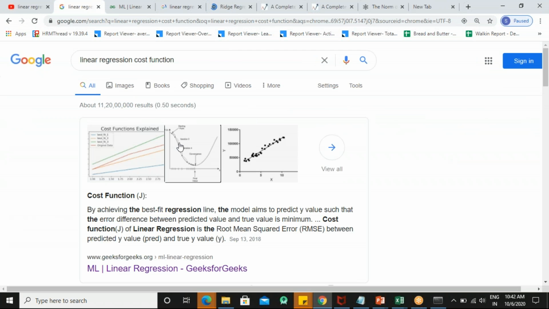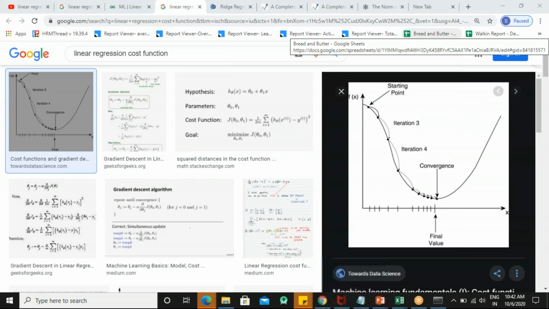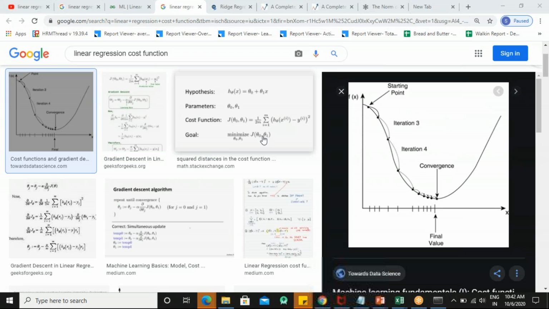I have actually opened a few links to explain जो भी हमने अभी तक discuss किया है, so that you can understand it better. This is what we were talking about, right?